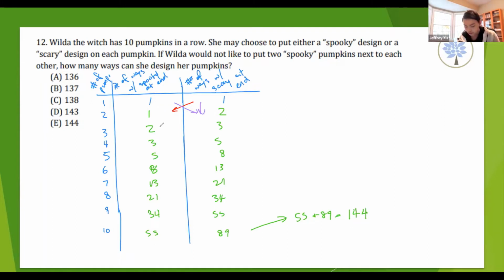And what you will notice is that this is basically just the Fibonacci sequence, where the first term is 2 and the second term is 3. So our answer is 144 or E.